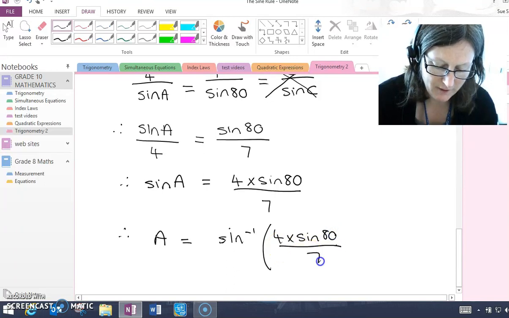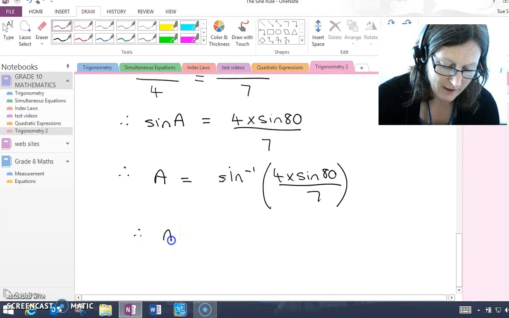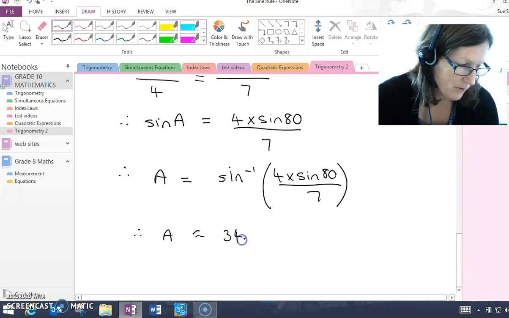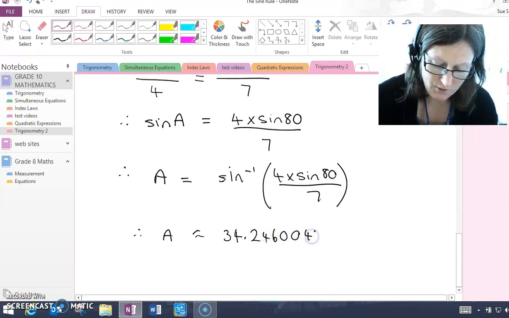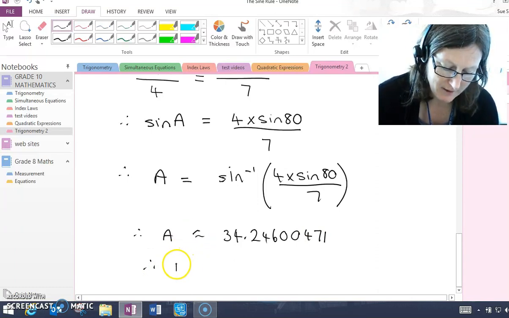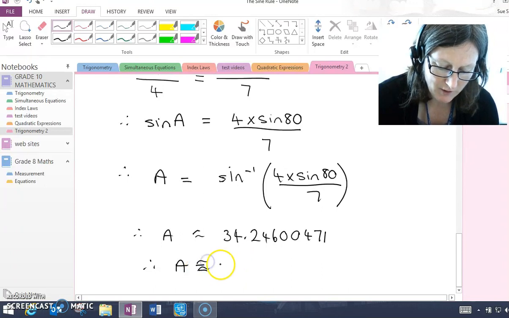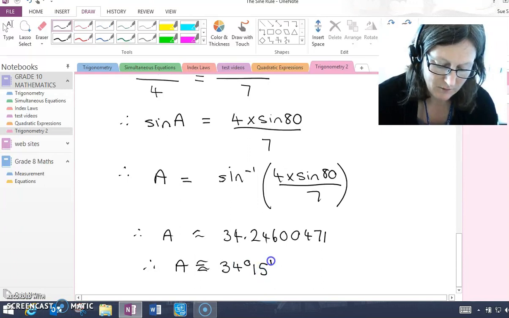When I put that into my calculator, I get that angle A is approximately 34.246000471. I press my degrees, minutes, seconds button, and if I round it to the nearest minute, angle A is approximately 34 degrees 15 minutes.